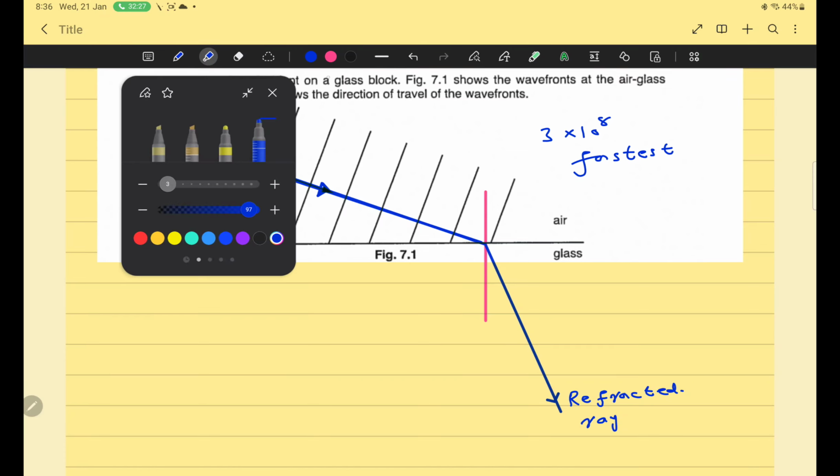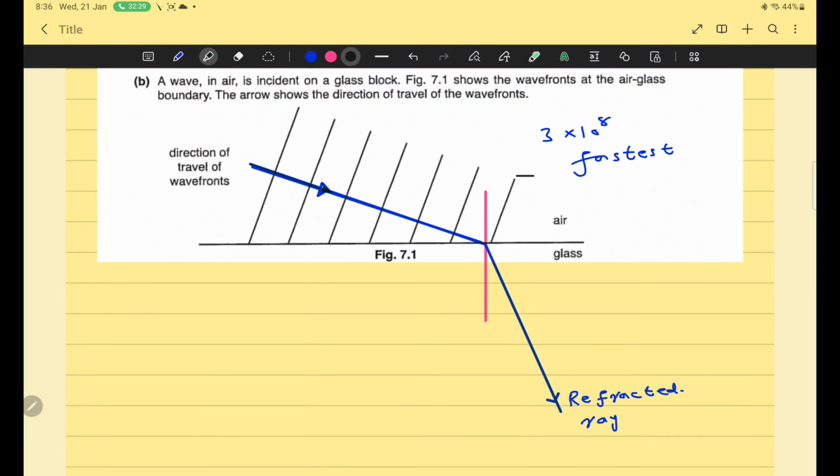Consider I'm using black color. This is the original wavefront. But it will not remain straight, so it will bend towards the boundary.